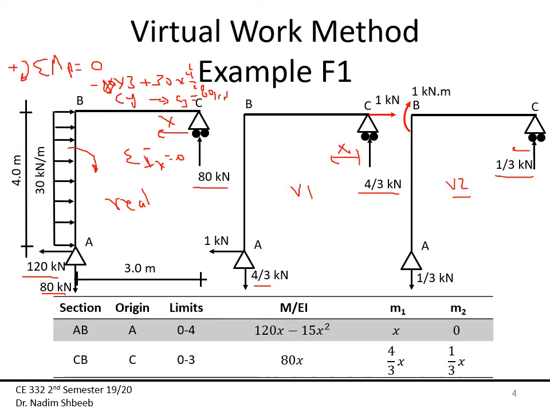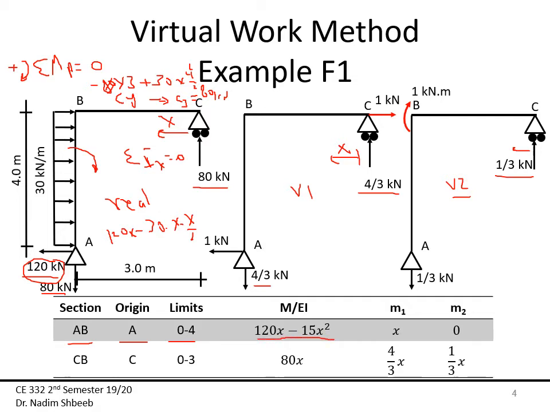So preparing the table, section AB, origin at A, limits from 0 to 4, M is 120x. Again, I'm taking this as my positive direction. So again, it is 120x minus 30 times x over 2, and you get 120x minus 15x squared.